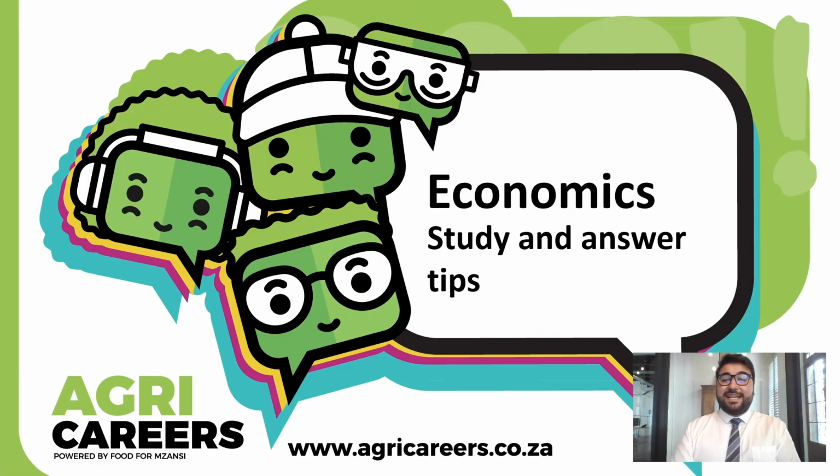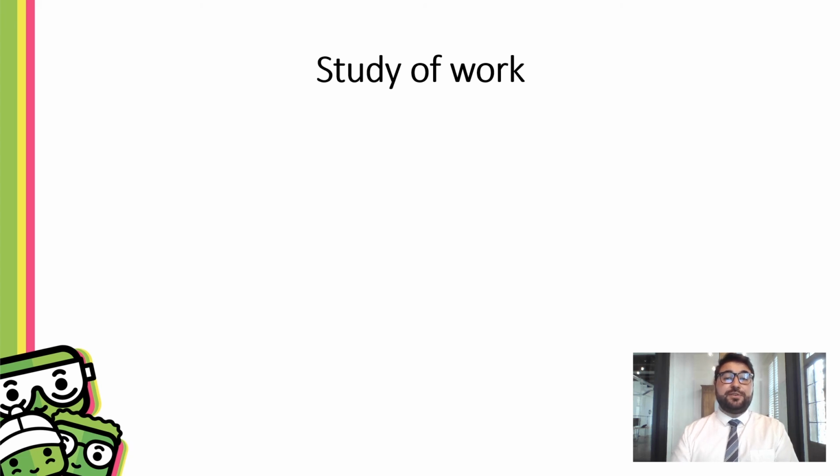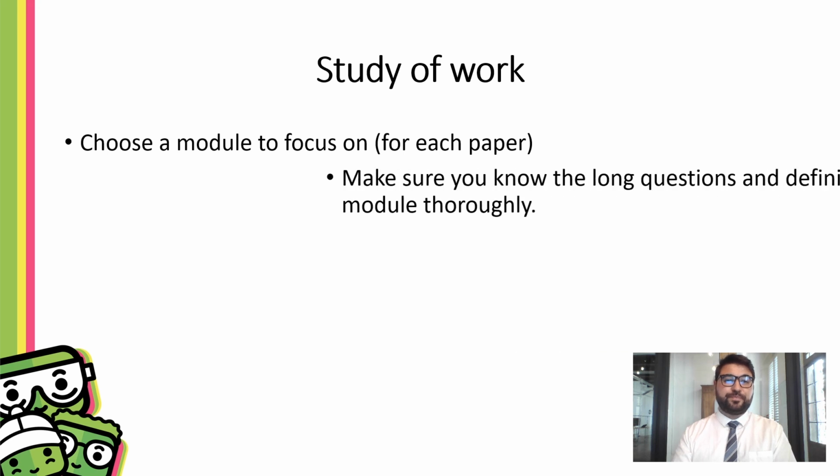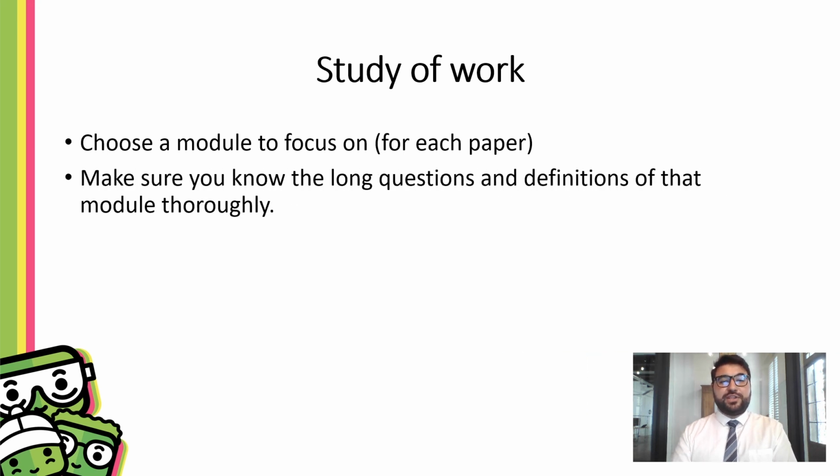The economic study and answer tip that I'm going to give you. For the studying of your work, first of all, you're going to choose a module to focus on for each paper. For example, with paper 1, you might choose module 1, and with paper 2, you might choose module 4. You're going to make sure you know the long questions and definitions thoroughly from this module.